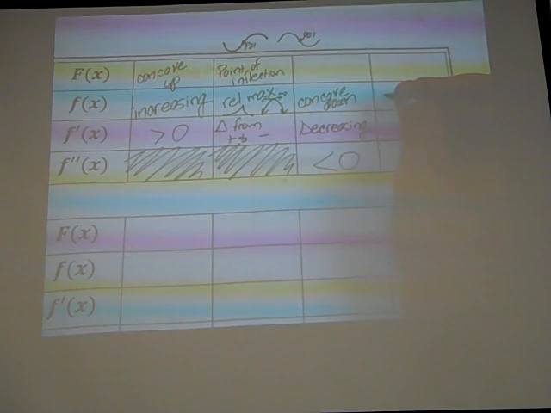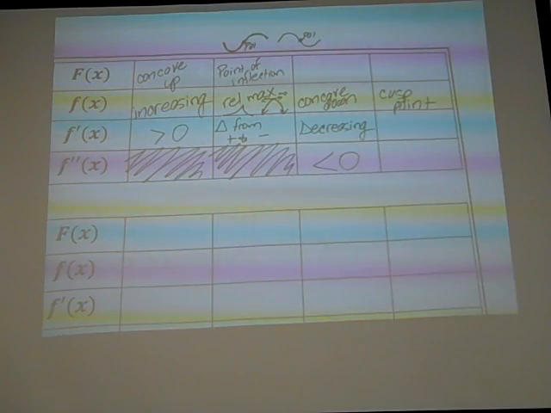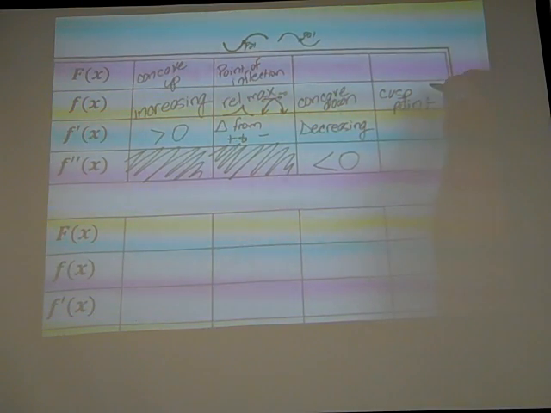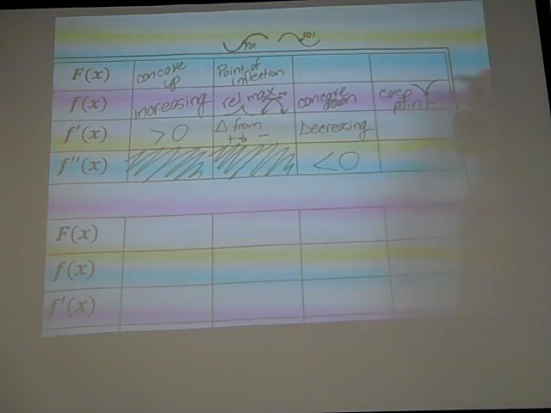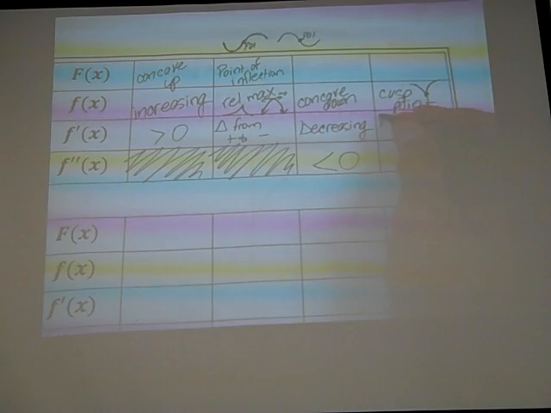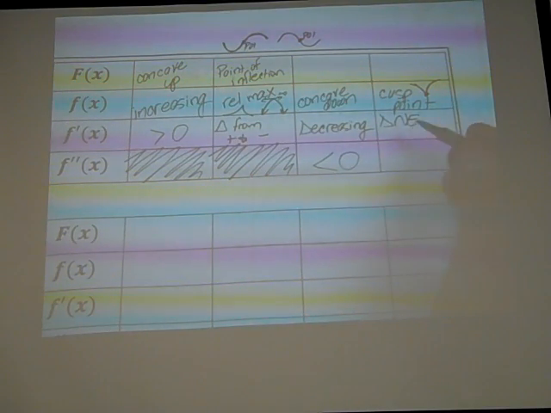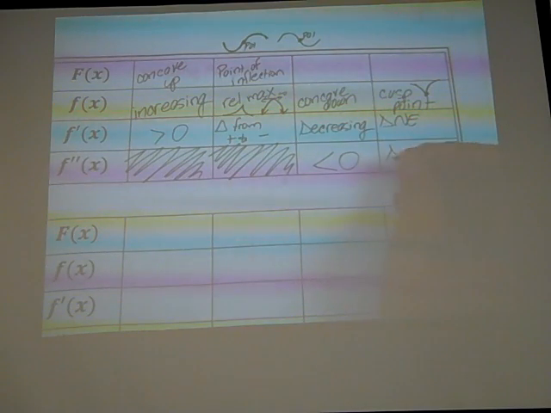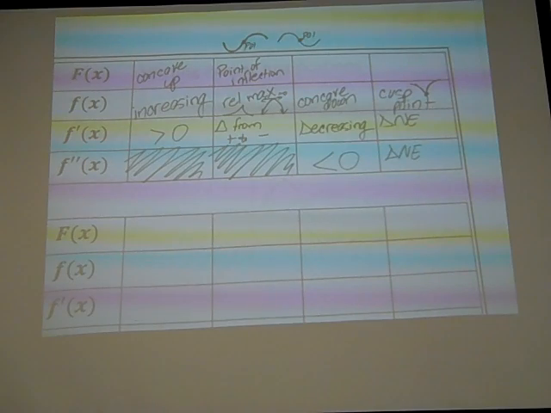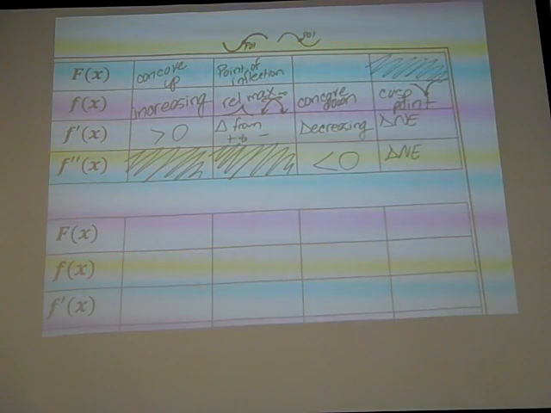We also have cusp points. If you were told that f, the original function, has a cusp point, that means it has something maybe that looks like that, a really sharp point, then the derivative does not exist. And so that we can have some completion here, if you have a cusp point, the first derivative does not exist, and the second derivative does not exist. It doesn't tell you anything necessarily about the antiderivative.